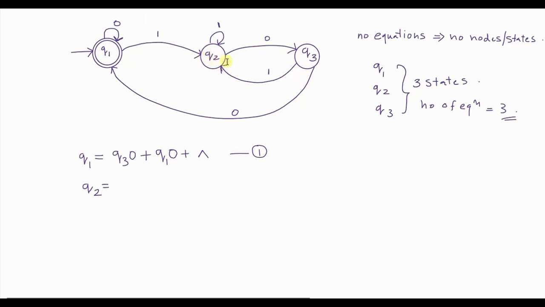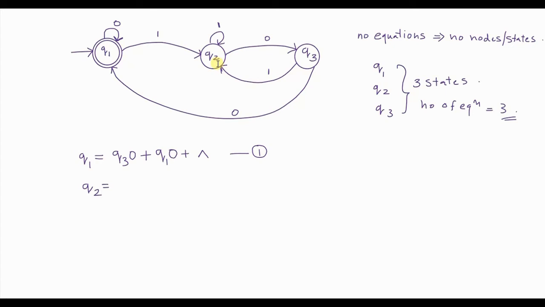So state Q2 has three inlinks: from state Q1 on reading 1 you go to Q2, from state Q2 itself on reading 1 you go to Q2, and from state Q3 on reading 1 you go to Q2. So there are three terms that should appear, right?